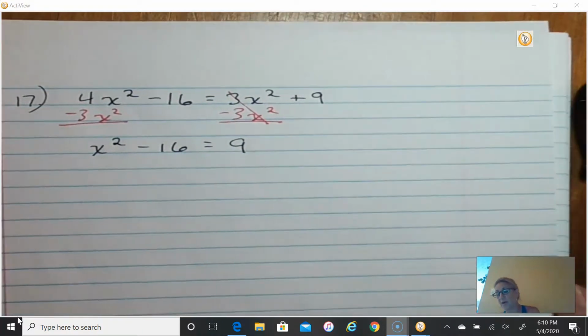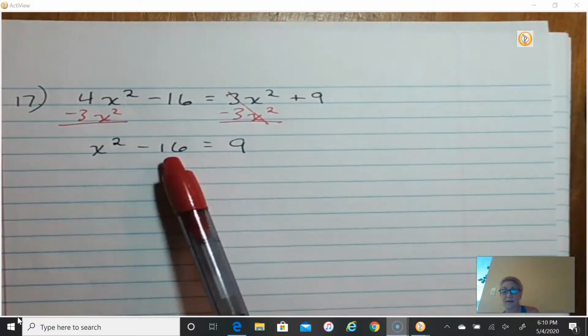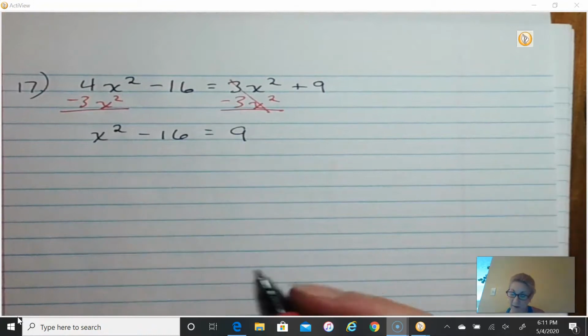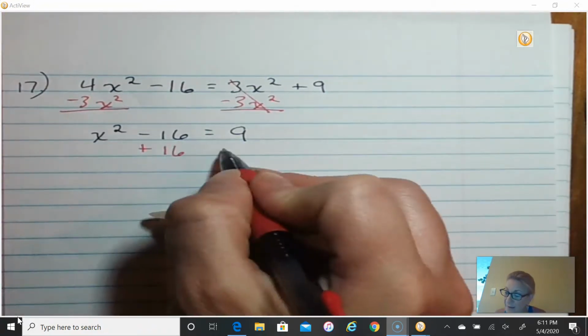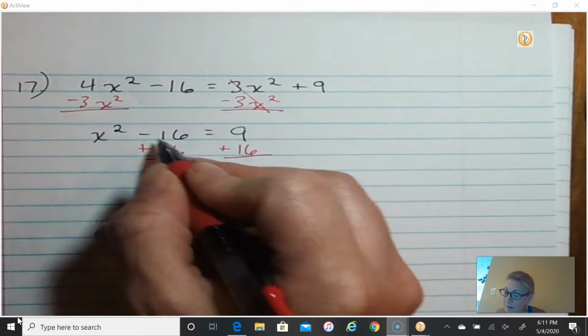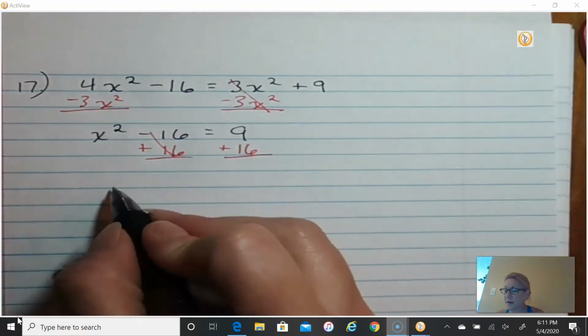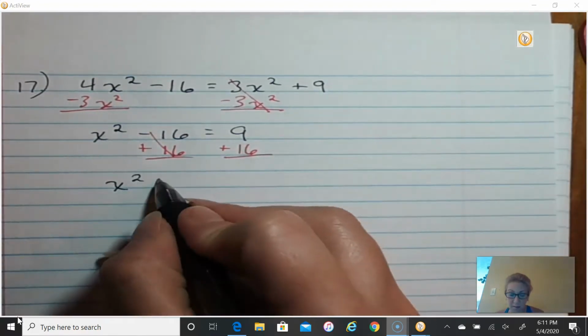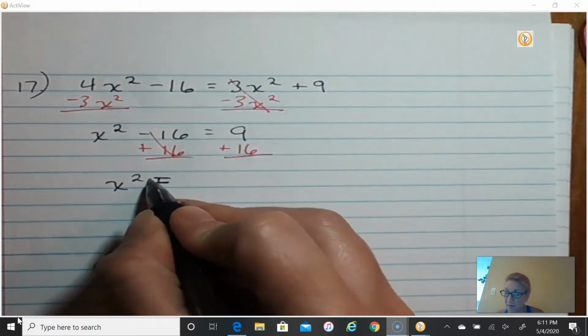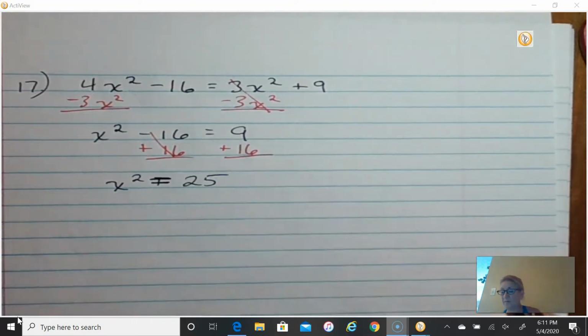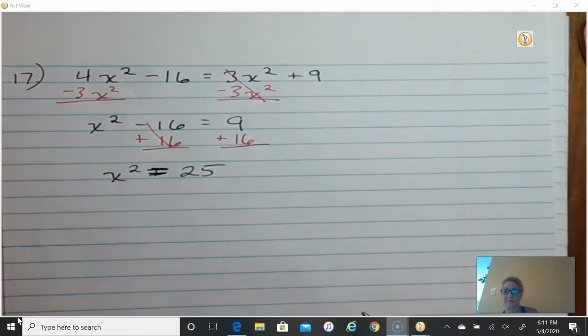And I'm rewriting my problem. So now we got to get rid of the negative 16. Same thing. We got to add 16 to both sides of the equals. Those cancel out, and I'm left with x squared equals, sorry, 25. That's an equals.